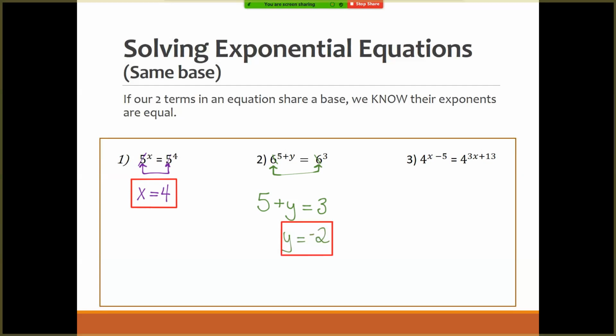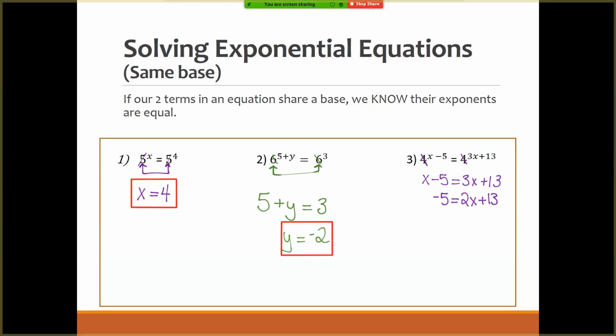The third one, getting a little bit more complex. Again, our bases match, so we can cancel them out, leaving us with x minus 5 equals 3x plus 13. Subtract x from both sides. That gives us -5 equals 2x plus 13.